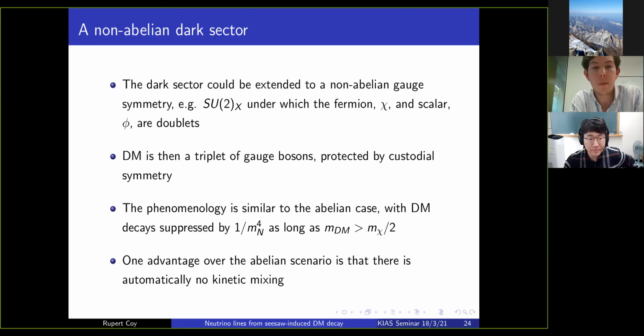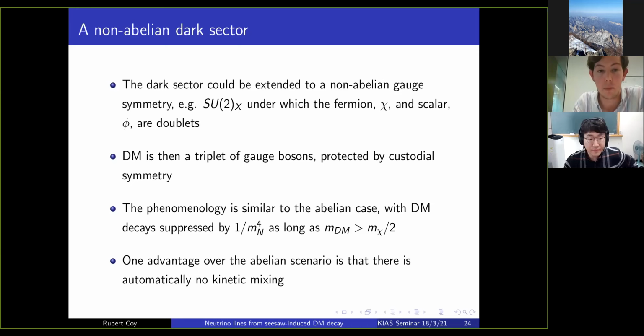Let me comment just briefly on what happens if we have a non-abelian model. There's not a lot to say, but one should keep it in mind, because we took the simplest possible scenario of just having a U1 gauge extension, but you could easily have, say, an SU2 extension, and there the chi and the phi are both charged.